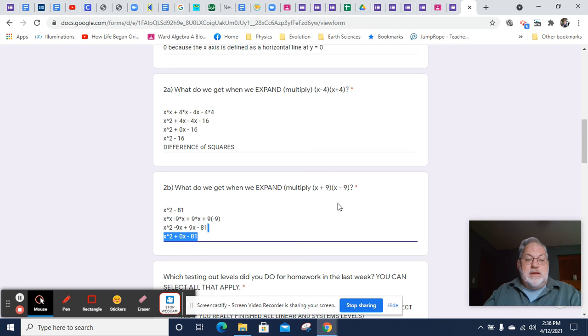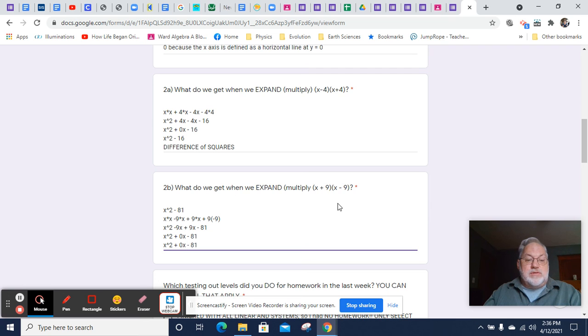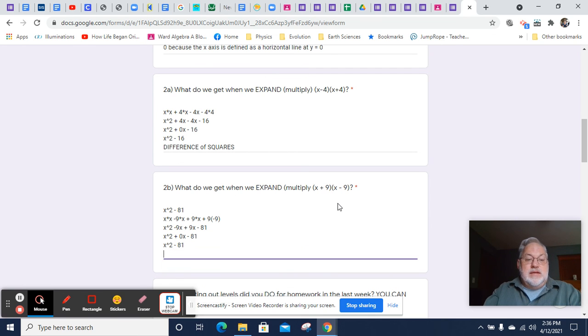So the 0x goes bye-bye. And we're left with a difference of squares, because x squared is a square and 81 is a square, and we're getting the difference of them. It's a very fancy name, don't you think?